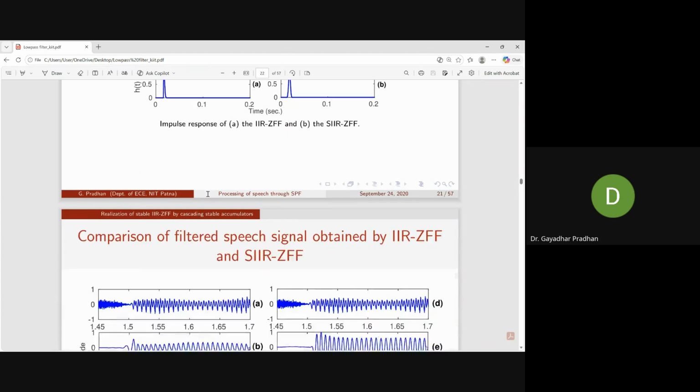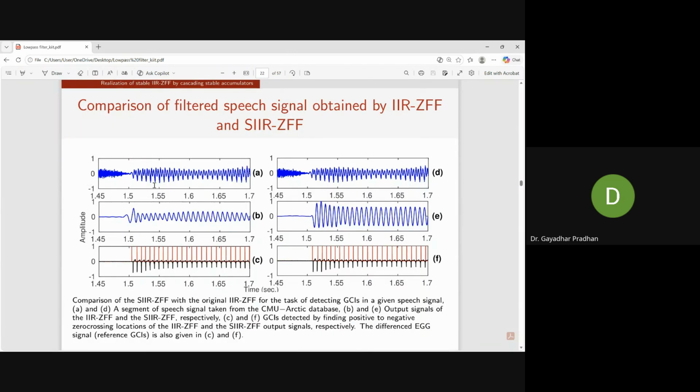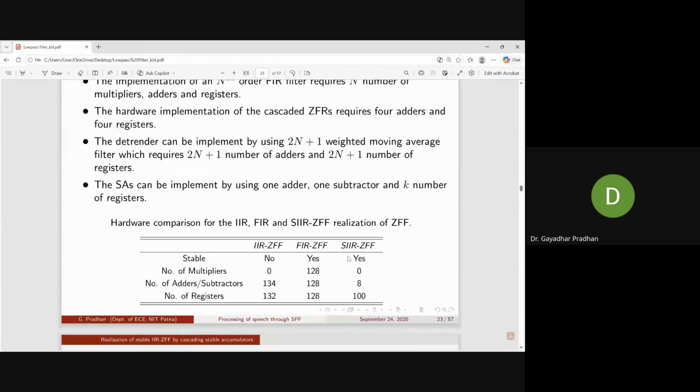Okay, so this is the thing. We can see this is the speech, this is the filter output signal, as I told, and this is the glottal closure distance. Okay, so for hardware implementation, if you see the stable filter, this is a multiplier, 128 multipliers for such a filter, if stability is addressed.